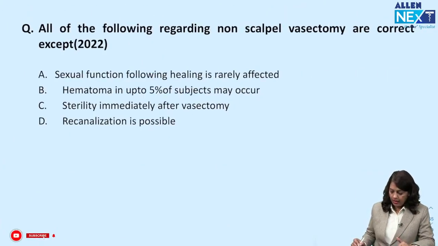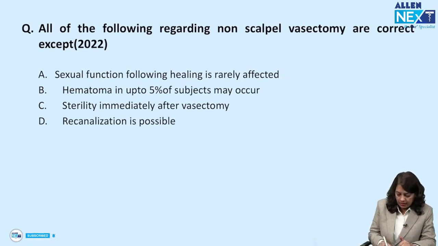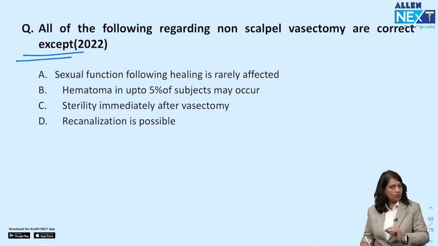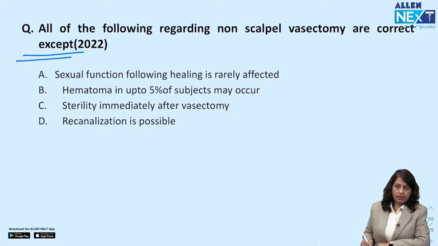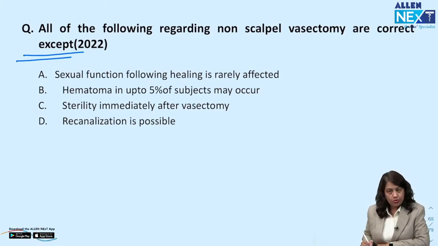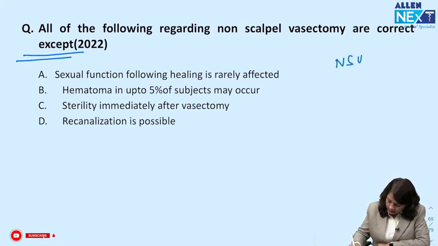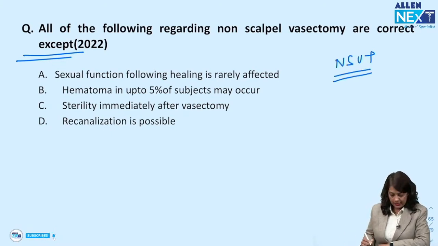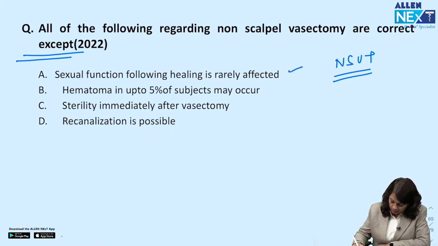All of the following regarding non-scalpel vasectomy are correct except: okay, so it's a method of male sterilization usually done by the NSV technique, non-scalpel vasectomy. Sexual function following healing is rarely affected. This is true. Hematoma occurs in 5% of the cases.